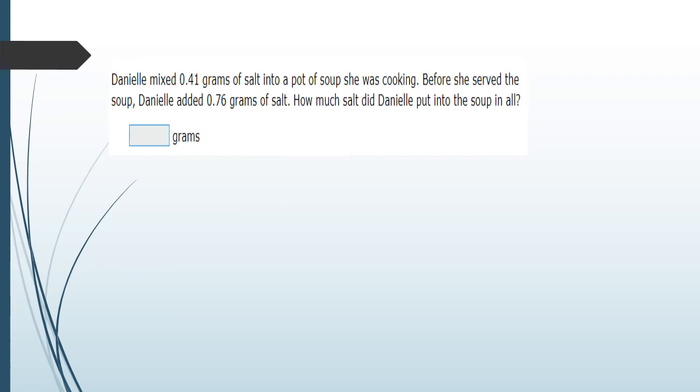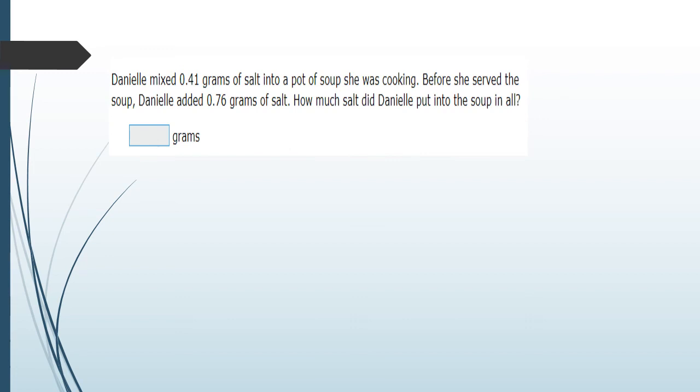Who can tell me what these words are? Check: Daniele added, then how much salt did Daniele put into the soup in all? So good. All and added.